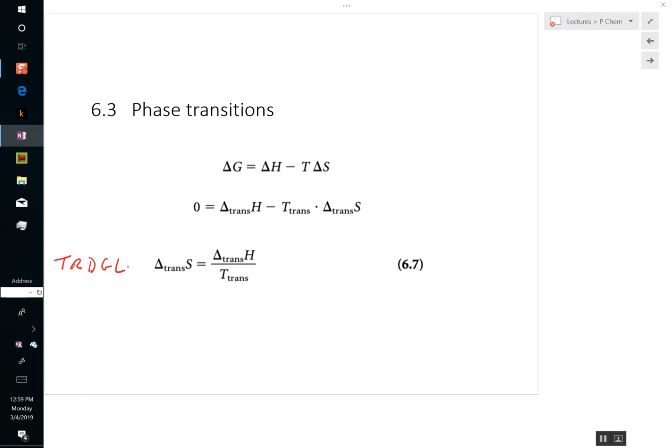Let's see. The delta G of formation of liquid water would be hydrogen plus oxygen gas forming H2O liquid. The delta G of formation of water as water vapor, you're saying? Yeah. Would be hydrogen plus oxygen forming H2O gas. So you get these two different delta G's.